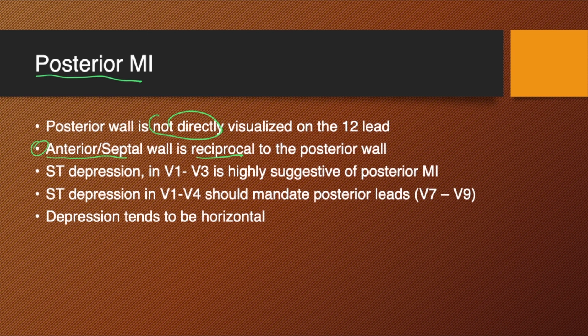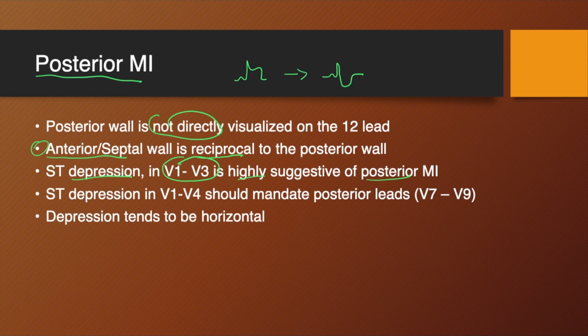So when you see ST depression in leads V1 through V3, this is highly suggestive of posterior MI, because what can happen is if you have ST elevation in one lead, the lead that is opposite to that, okay, you will often get ST depression. And that's what reciprocal means, right?